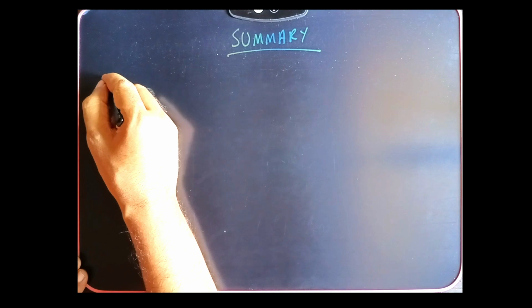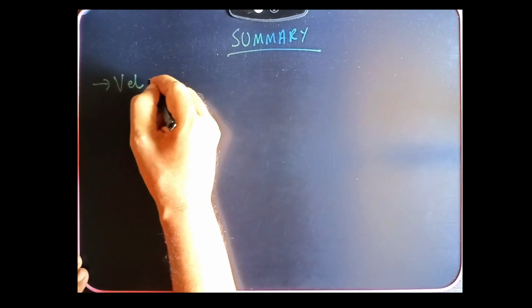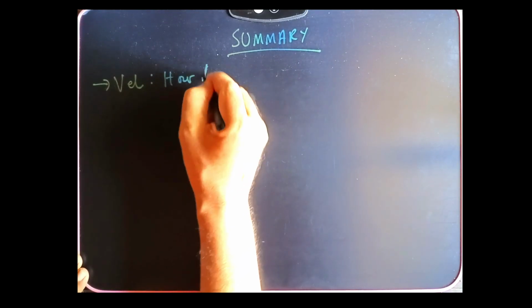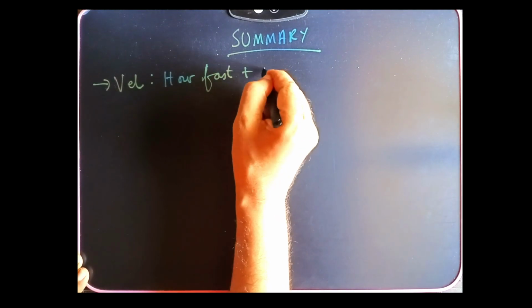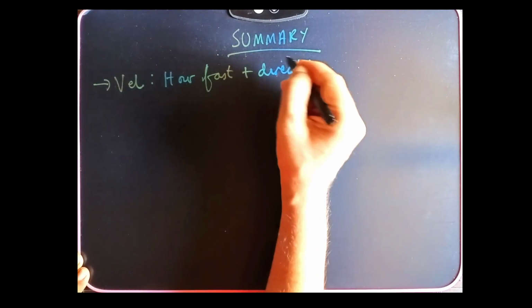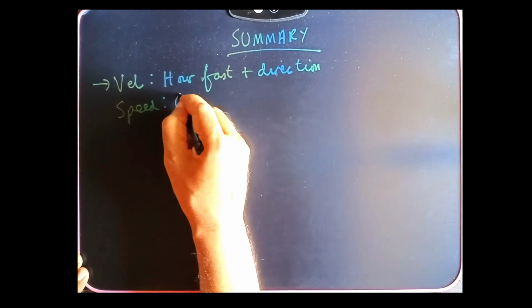So we have seen about velocity. Velocity tells us how fast, with direction. And we have seen that speed tells us only how fast.